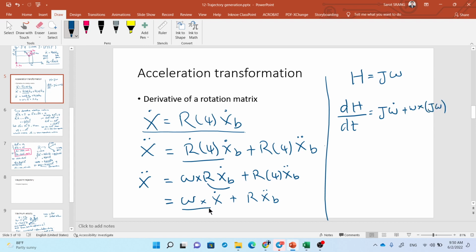It's the same as here, but I should switch, right? I switch this one to here. Then you can see the same thing as here, because this one actually is from dh over dt like this. So you know why this term appears, why not just J omega dot?